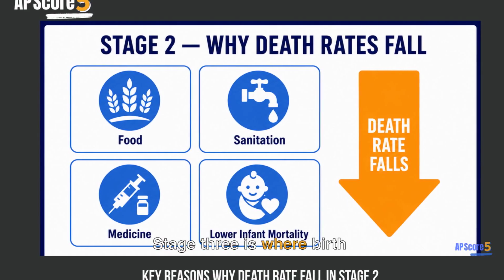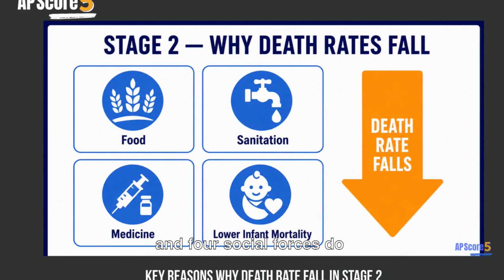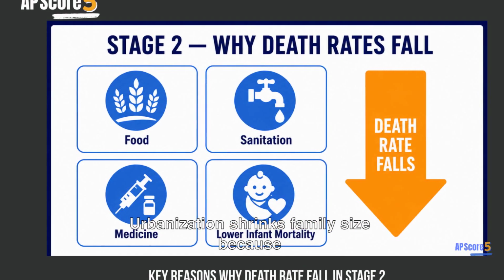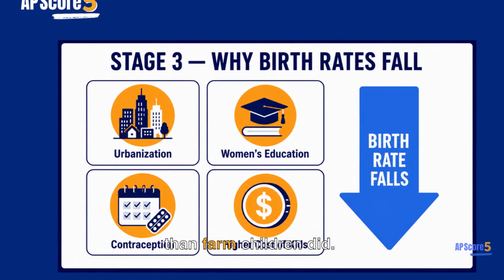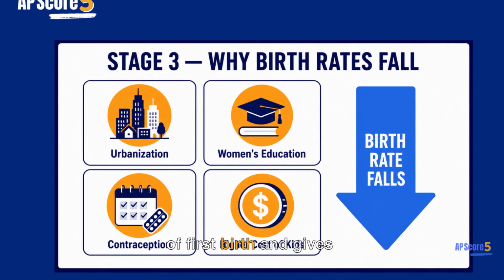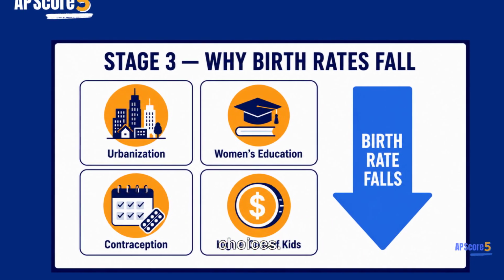Stage 3 is where birth rates finally start to fall, and 4 social forces do the heavy lifting. Urbanization shrinks family size because city children cost more to raise and contribute less labor than farm children did. Female education delays the age of first birth and gives women more control over reproductive choices.